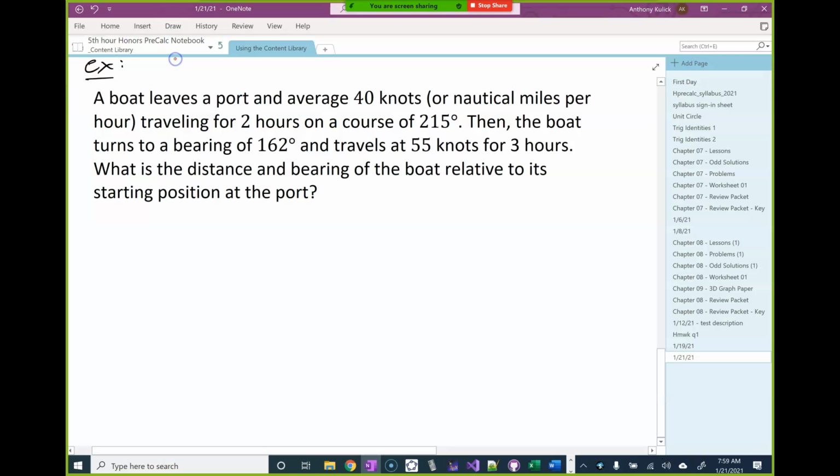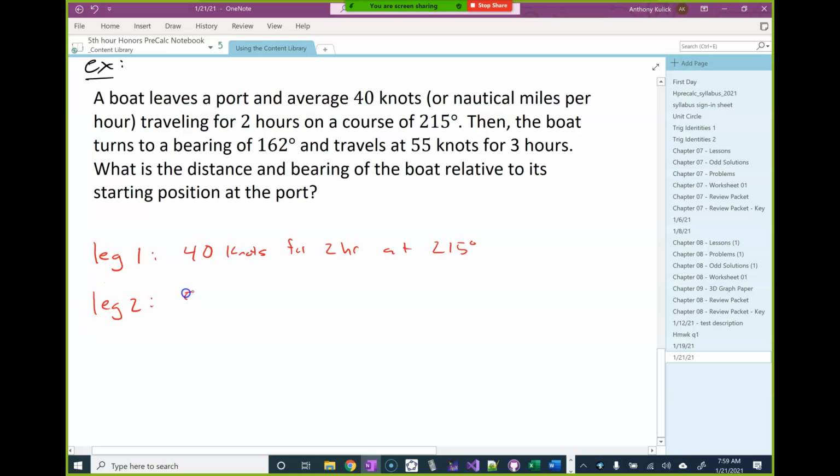So when I read this, there's basically two legs of my journey. The first one is 40 knots for 2 hours at 215 degrees.